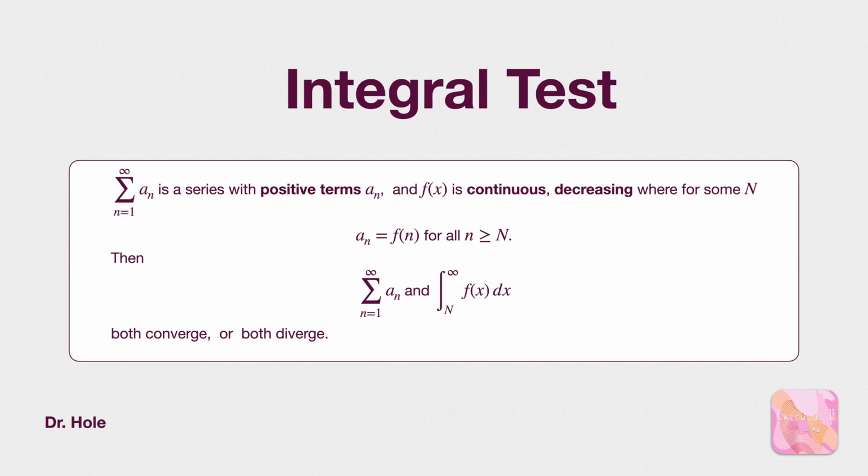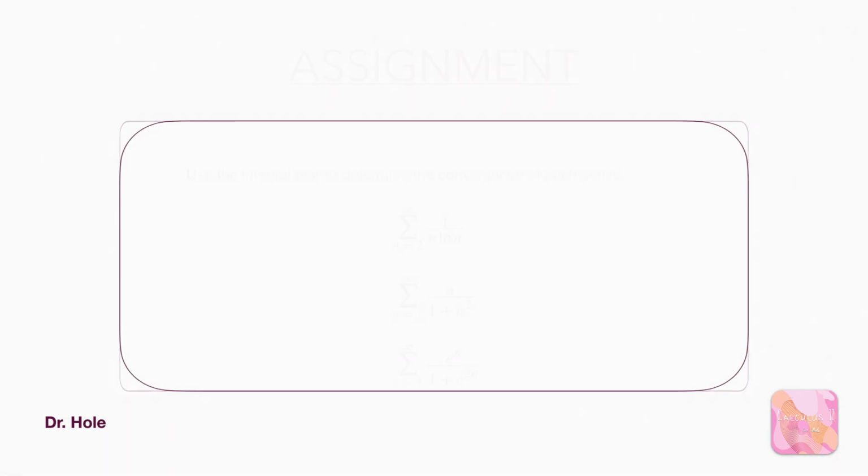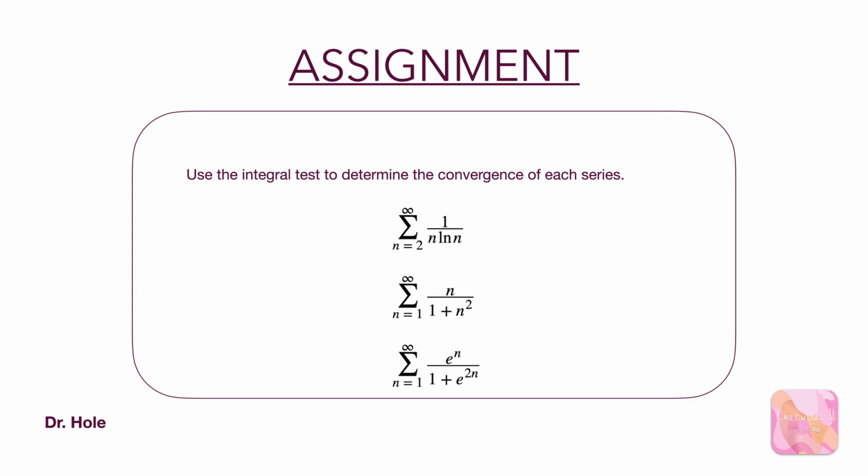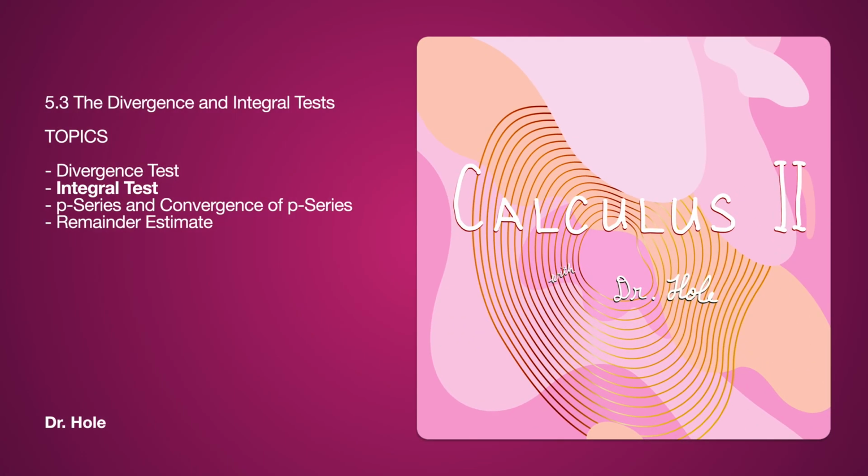Nice. So that's the integral test. Here are some examples for you to play with. Excellent. And remember, the integral test may be used to show either convergence or divergence. Good. Whereas the divergence test, recall, can only be used to show divergence.